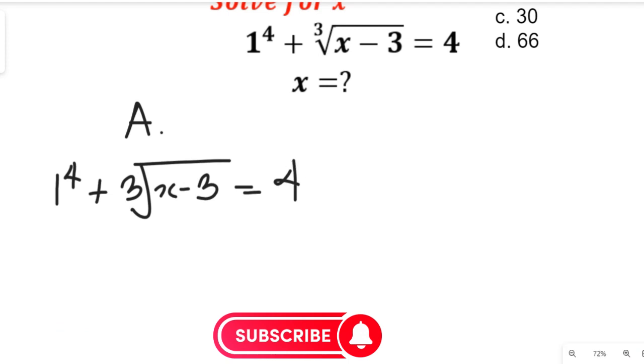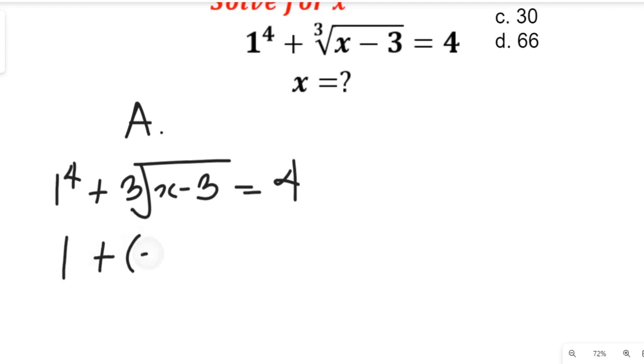Now, 1 to the power of 4 is 1, plus, and according to the law of indices, this would be x minus 3 raised to the power of 1 divided by 3, and this will be equal to 4.